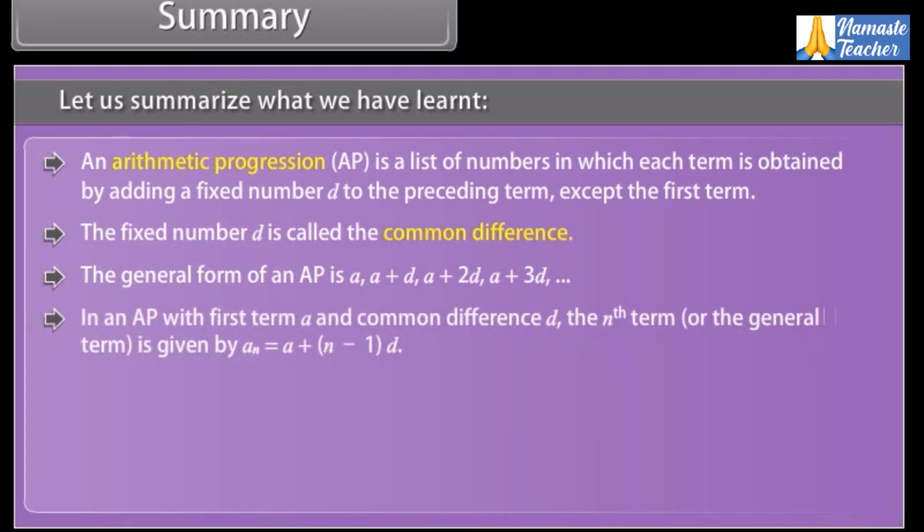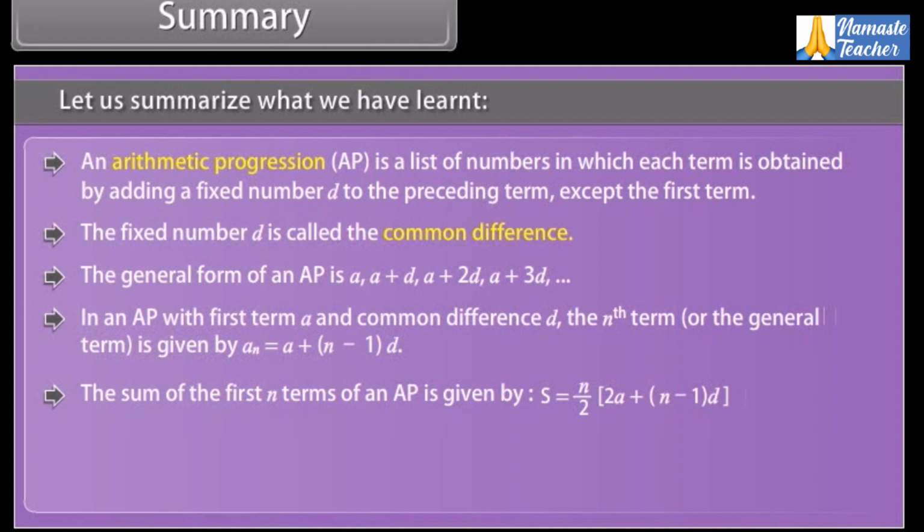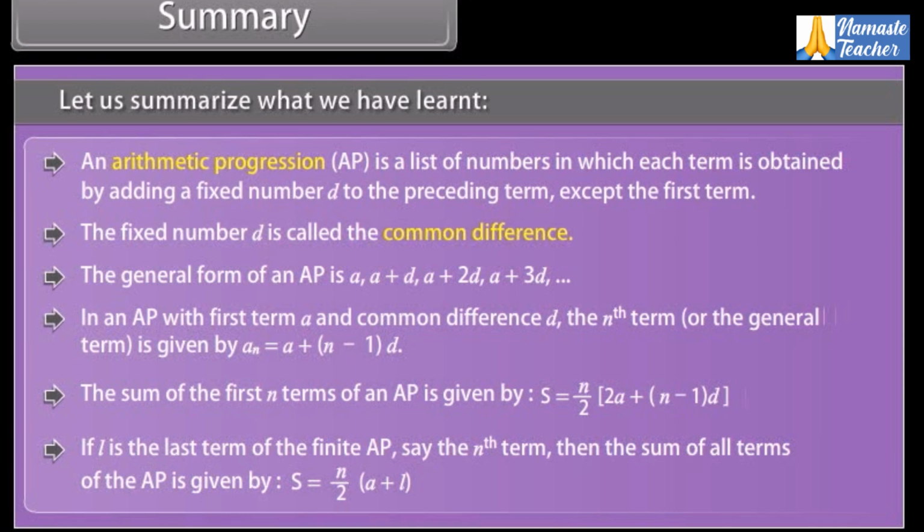In an AP with first term a and common difference d, the nth term, or the general term, is given by an is equal to a plus (n minus 1) into d. The sum of the first n terms of an AP is given by S is equal to n upon 2 into (2a plus (n minus 1) into d). If L is the last term of the finite AP, say the nth term, then the sum of all terms of the AP is given by S is equal to n upon 2 into (a plus L).